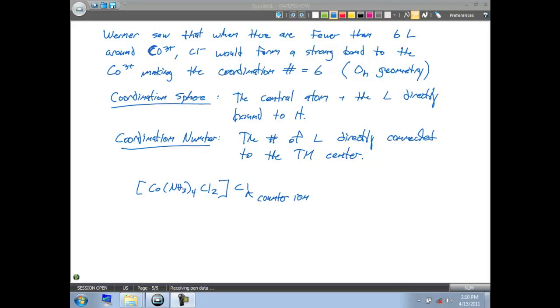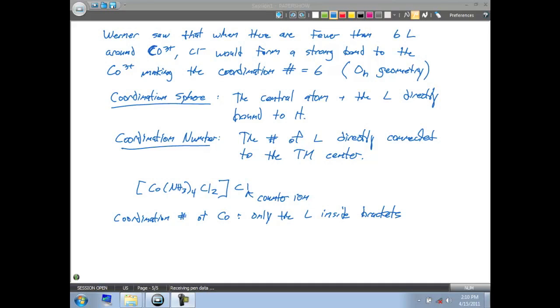So if I asked for the coordination number of the cobalt, one of the things that we definitely have to consider is we consider only the ligands inside the brackets. Okay?